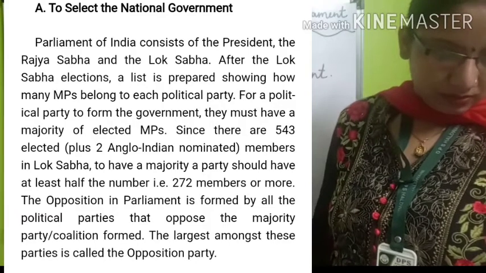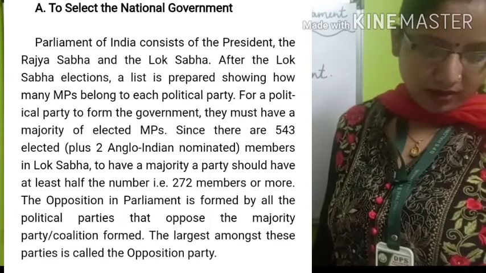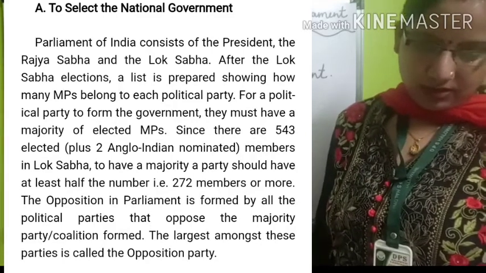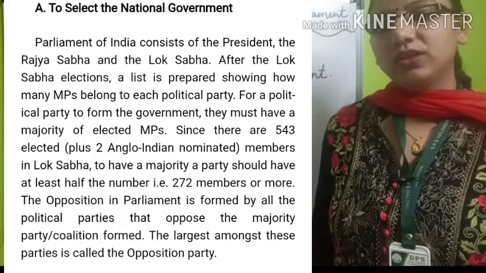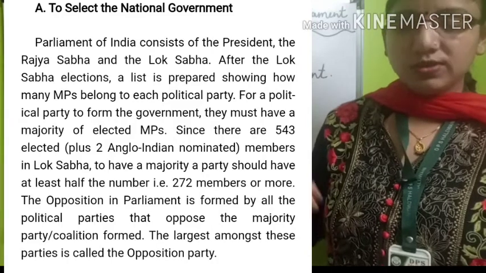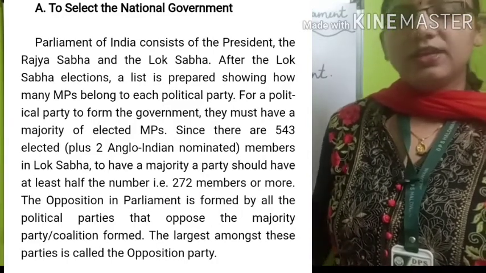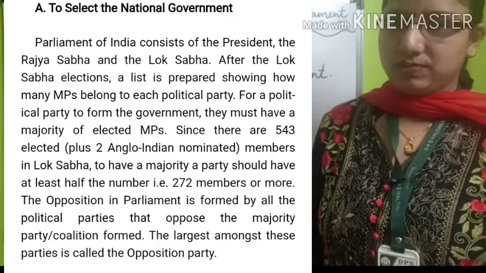The opposition in parliament is formed by all the political parties that oppose the majority party. जो भी opposition में parties होंगी, वो वही parties होंगी जो कि 272 से कम सीट्स लेके आई होंगी, यानी कि सारी जो पार्टीज़ हैं जो कम सीट्स लेके आई हैं, वो सारी पार्टीज़ किस में आएंगी? अपोजिशन में आएंगी.